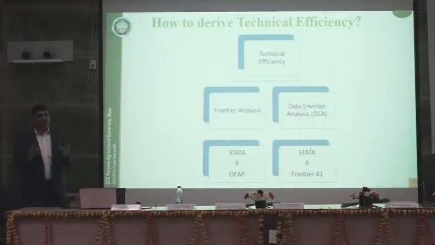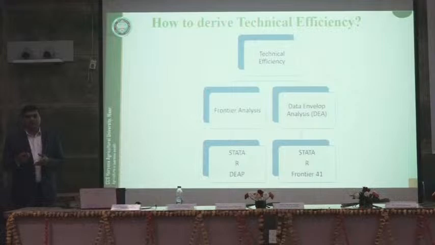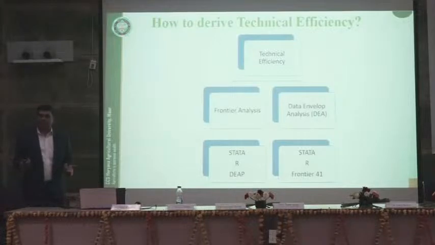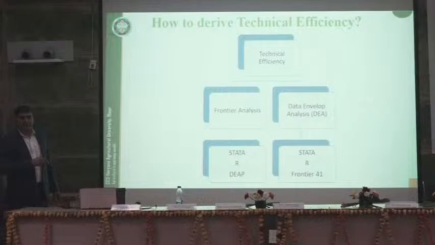If your residuals are of exponential type, then you have to use an exponential distribution. So this frontier analysis is the parametric approach, and this DEA is the non-parametric approach.